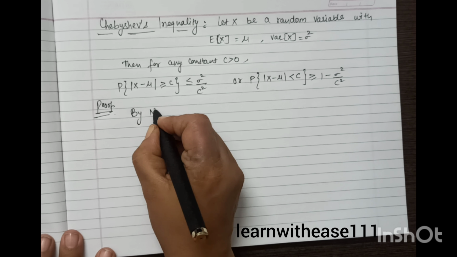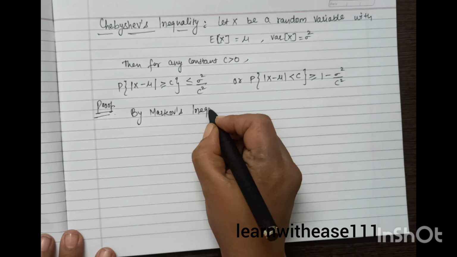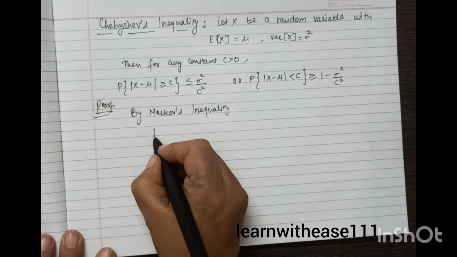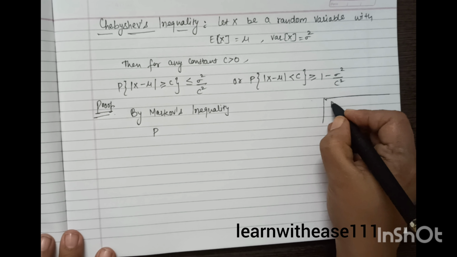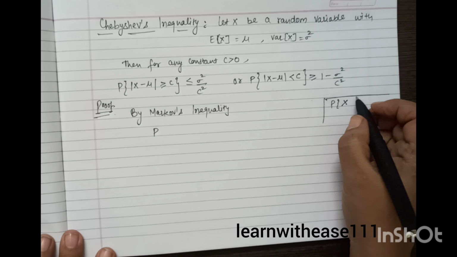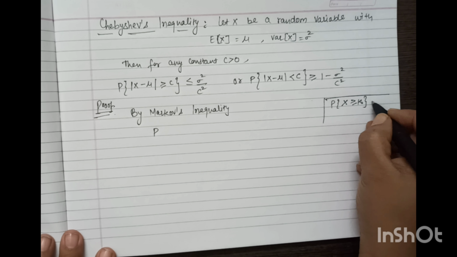Since we are using Markov's inequality, we have already proved this result: if we have probability of a random variable x greater than equals to a constant k, it will be less than expectation of that random variable divided by that constant.